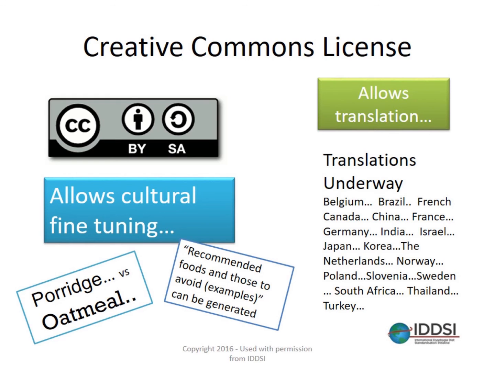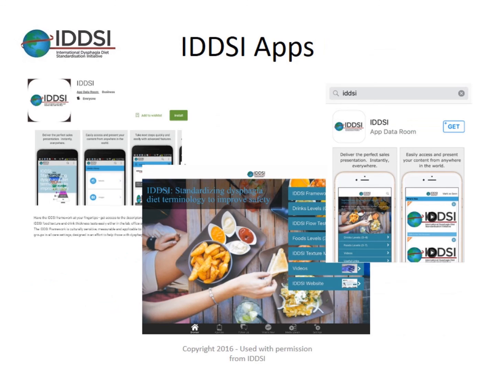And I'd just like to draw your attention to the resources that exist on our website. You're allowed to reproduce and use those for training. We have a Creative Commons license to allow you to do that, and translations are underway in at least 14 different languages. We also have apps for iOS and Android systems, iPads and tablets.